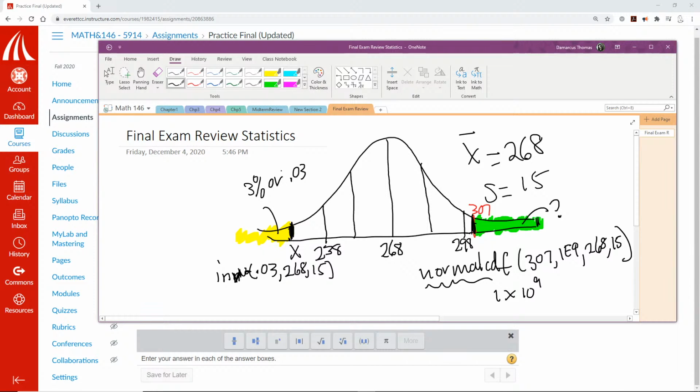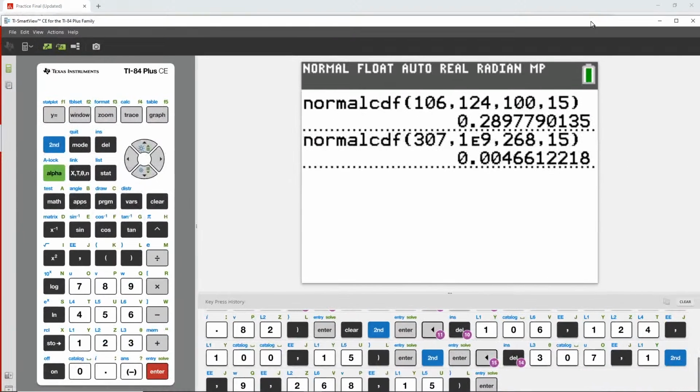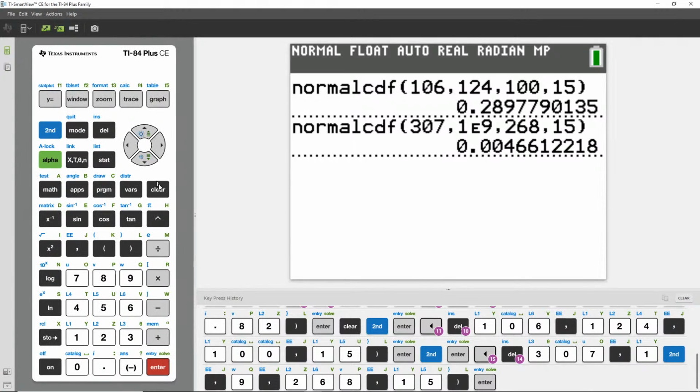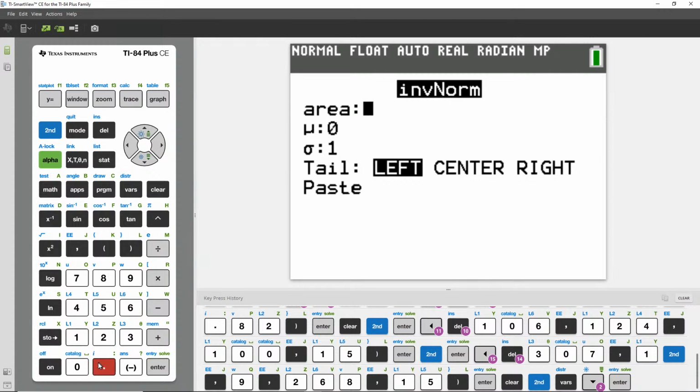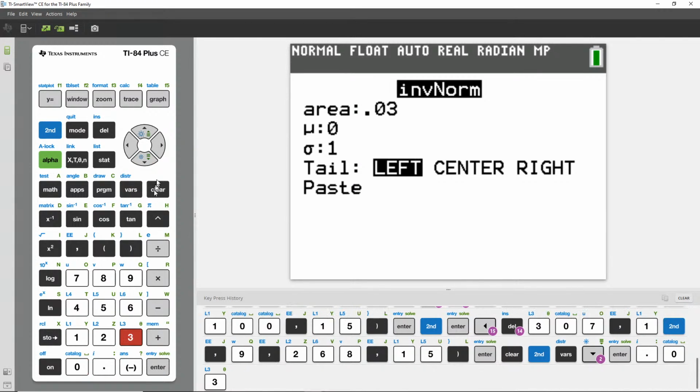Inverse norm will accept 3 parameters, and normal CDF will accept 4. So this is where we're going to go back to second distribute, and then under normal CDF is inverse norm, and it's 0.03. Our mean is 268, and our standard deviation is 15.